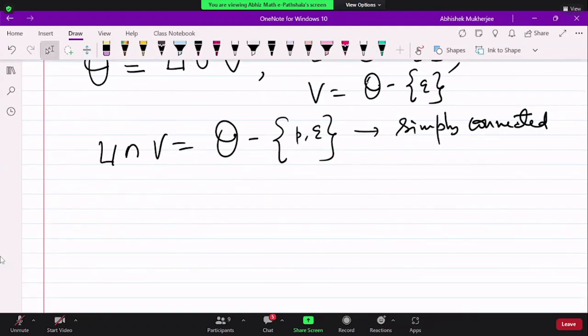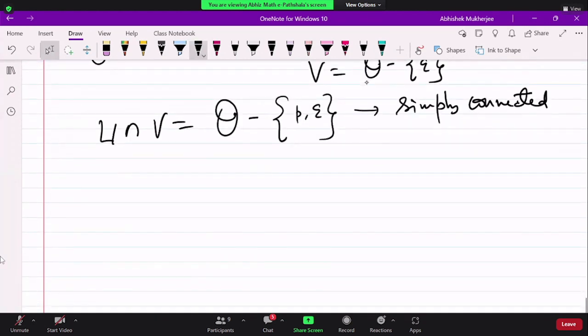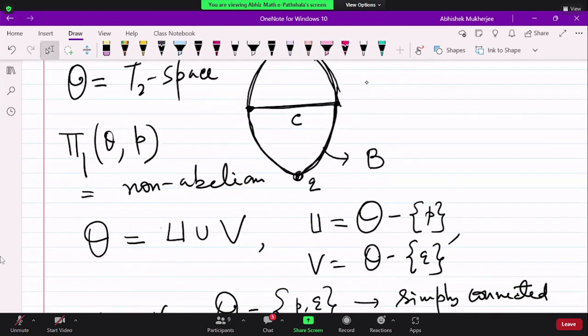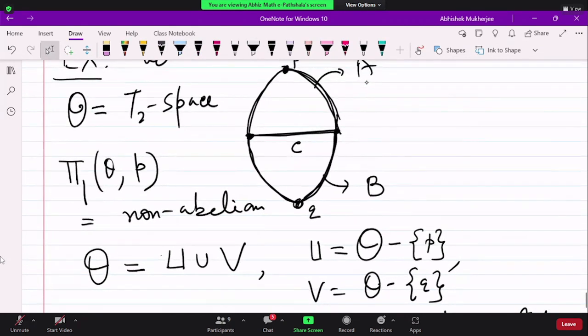And if you look at U, note that this U will have the same homotopy type of B union C, right?